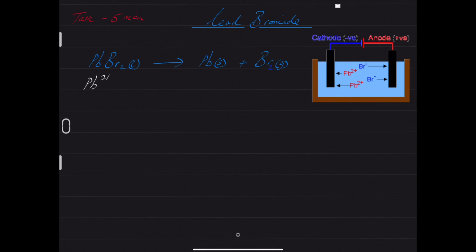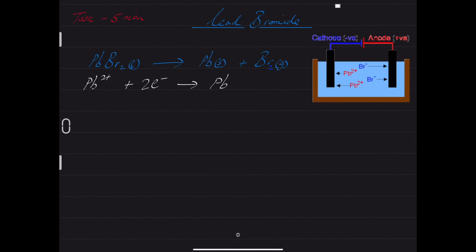Lead 2 plus plus 2 electrons. Because we have a 2 plus charge, we need 2 electrons, gives us lead metal. That's the first ionic half equation.